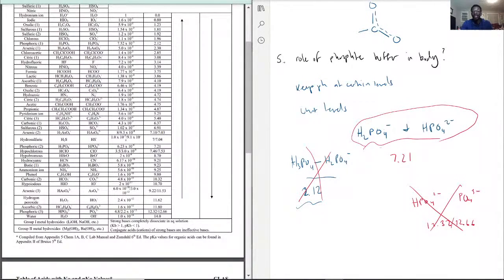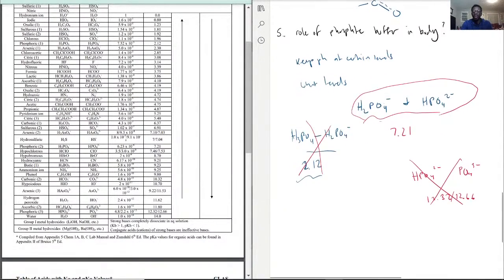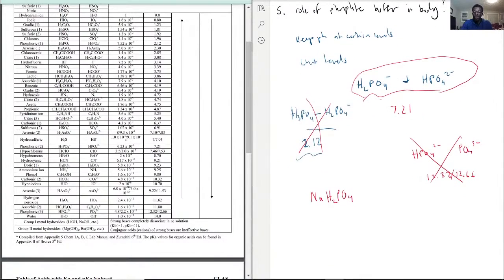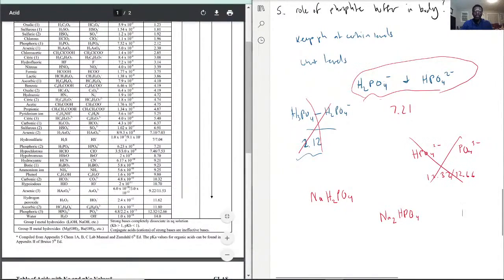It's actually pretty easy to make this buffer in real life as well. If you have sodium dihydrogen phosphate, NaH2PO4, that's how it's written, and you mix it with moles of sodium hydrogen phosphate, which is Na2HPO4, that would create this buffer system, close to a pH of 7.21.